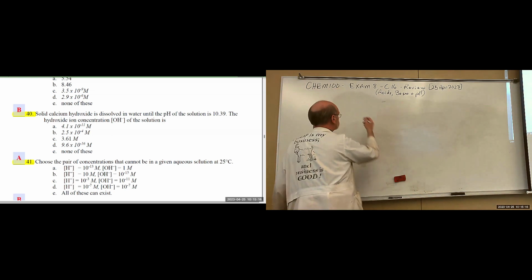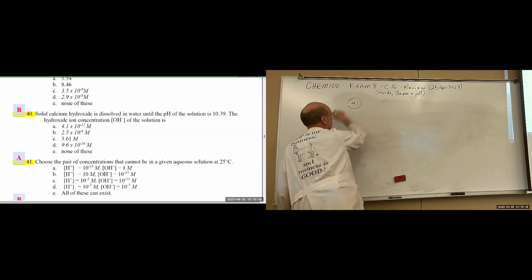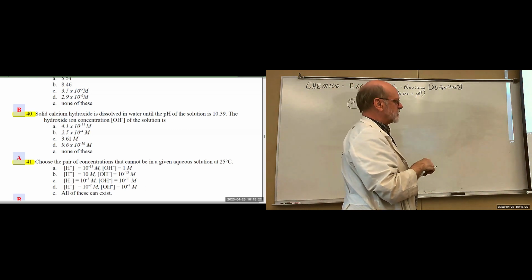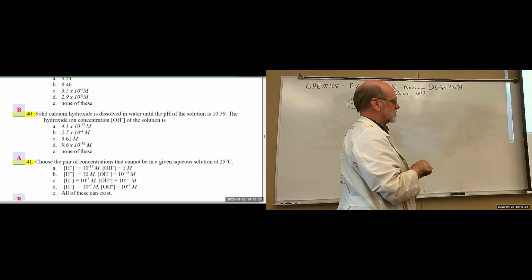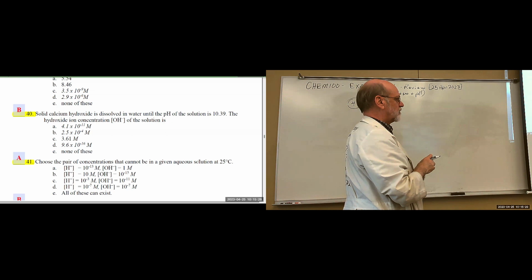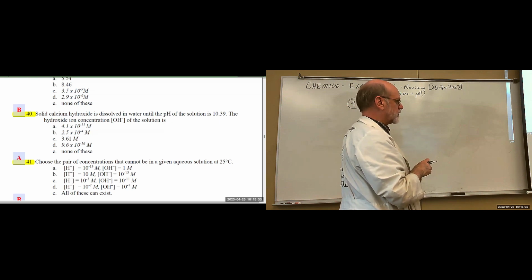And 41. Choose the pair of concentrations that cannot be in a given aqueous solution at 25 degrees. That cannot be in a given aqueous solution at 25 degrees.